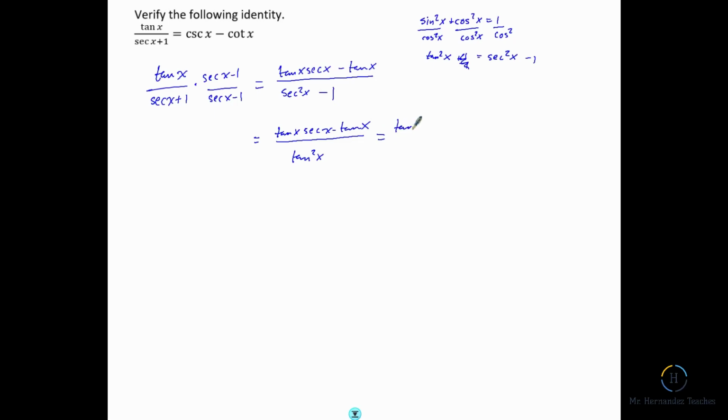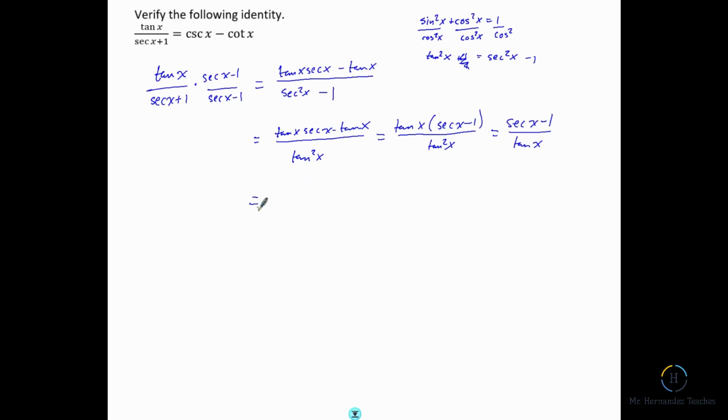So factoring this out, I can get secant x minus 1 divided by tangent squared x. Well, what happens with this, tangent x divided by tangent squared, I'm just going to be left with secant x minus 1 divided by tangent of x when I simplify those. And then what else? What else can we do? The secant x minus 1 divided by the tangent of x.